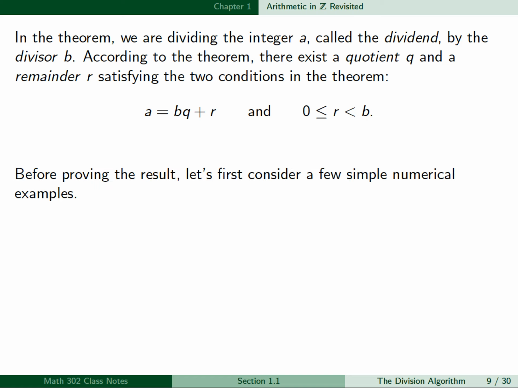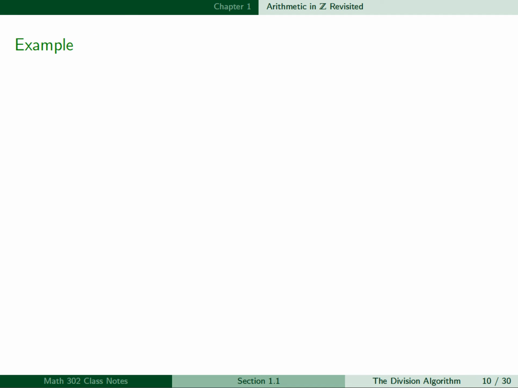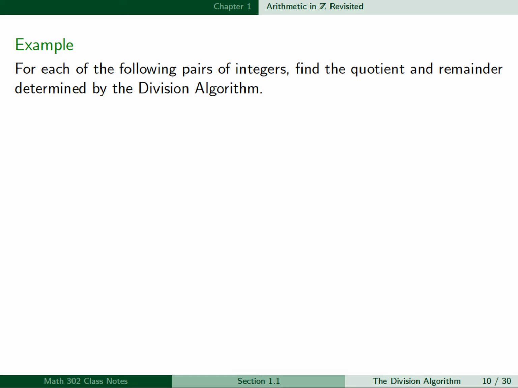Before proving the result, let's first consider a few simple numerical examples. So, for each of the following pairs of integers, we want to find the quotient and remainder determined by the division algorithm. So first we have a is equal to 31 and b is equal to 7.